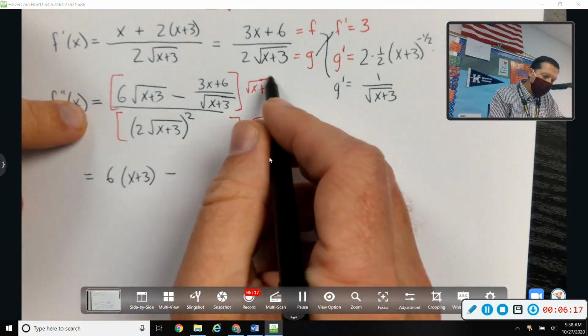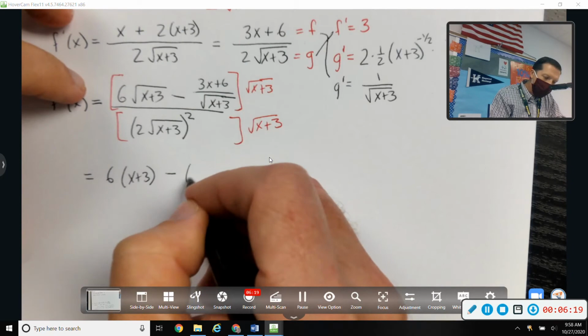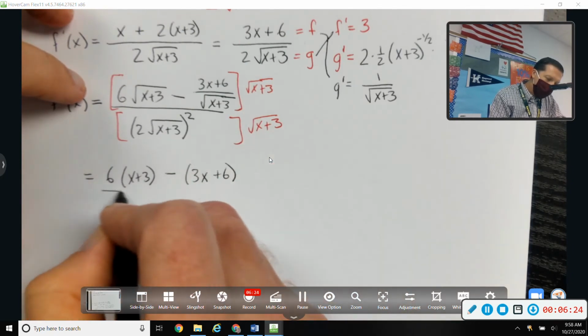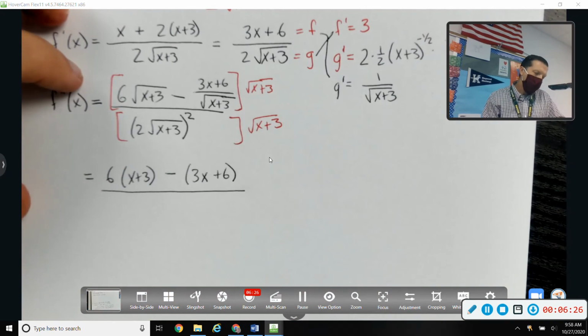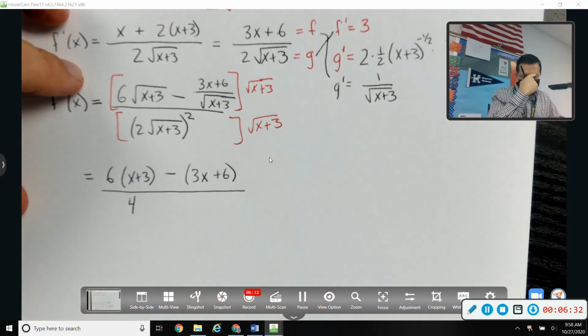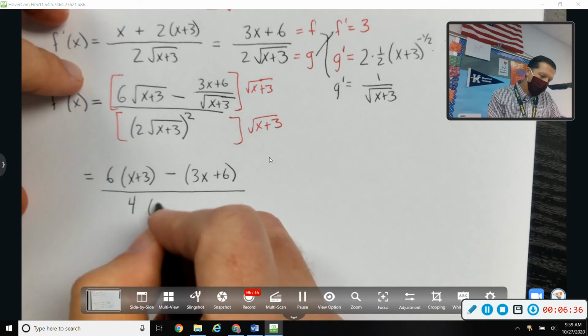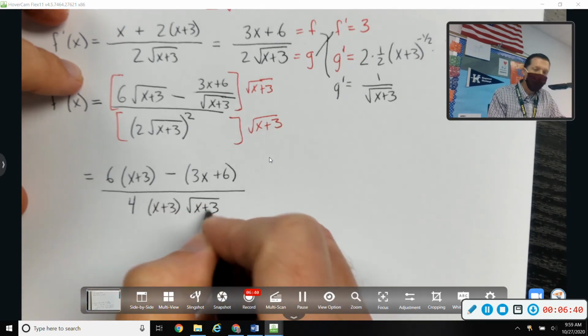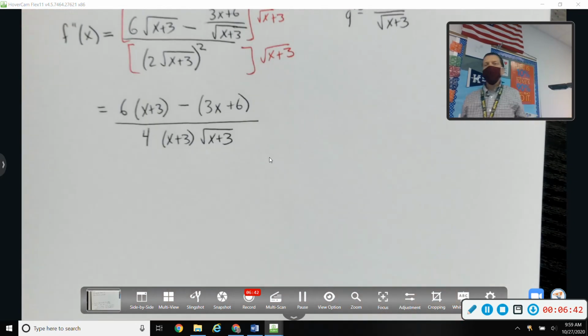On the second term, the square root cancels. And on the bottom, let's see how I want to write that. 2 squared is 4. And then x plus 3 and square root x plus 3. I don't know if that's the best way to write it, but it's a way to write it.